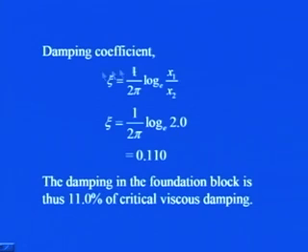So, we can find out the damping coefficient or damping factor using this expression, that is 1 by 2 pi log base e of x1 by x2. This x1 by x2 from the data we have got to be equal to 2. So, this zeta will be working out as 0.110. In terms of percentage, the damping in the foundation block is thus 11% of critical viscous damping.